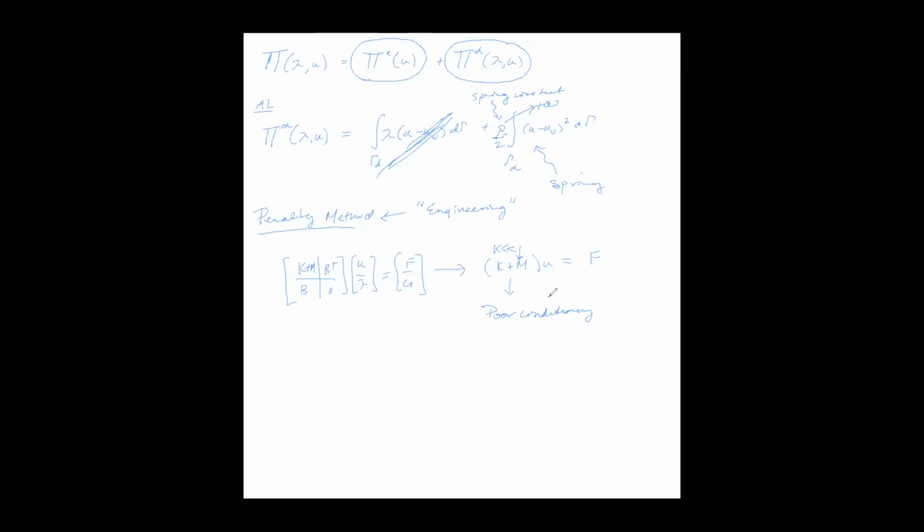Yeah, so that's a very good practical point of view, that you can't pick a big penalty. Usually you want your penalty to be somewhat on the order of the Young's modulus of your material. That's just a rule of thumb. And if you do that, you will not perfectly satisfy your constraints. And so then the question is, well, what problem am I really solving?